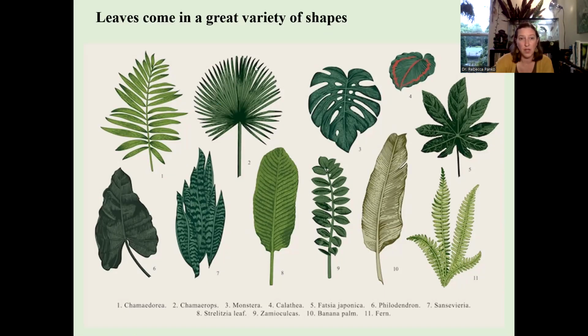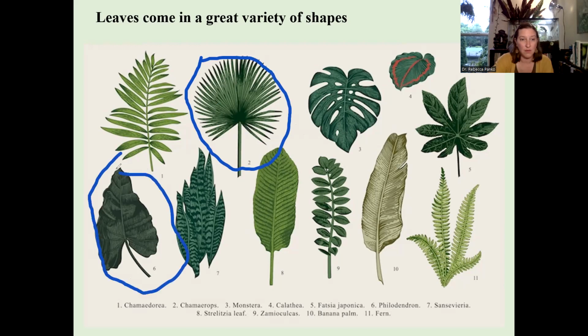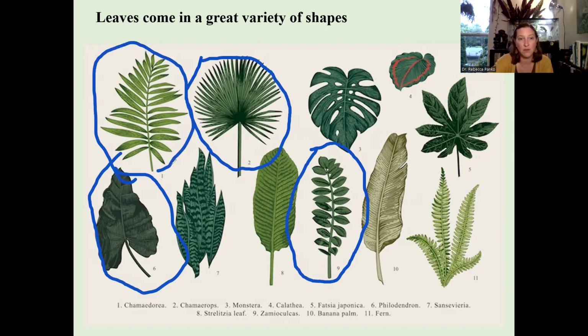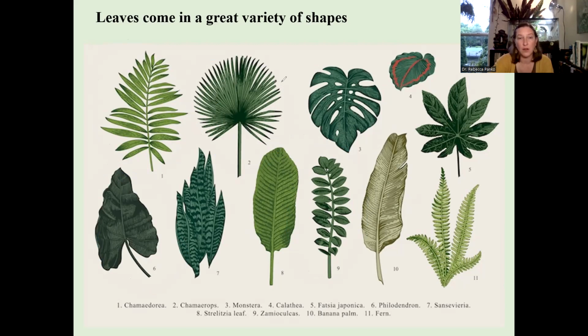But first, I want to draw your attention to something like this. This here, that's one leaf. This here, that's one leaf. And believe it or not, this here is also one leaf. You might notice some of them look a little bit more complicated than others. Even here, this is one leaf. And so we'll learn about how to identify or how to discuss those two things.